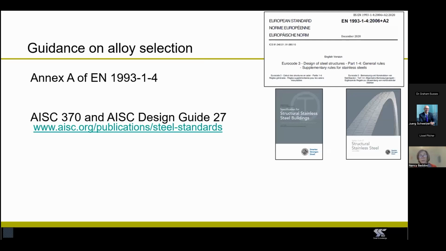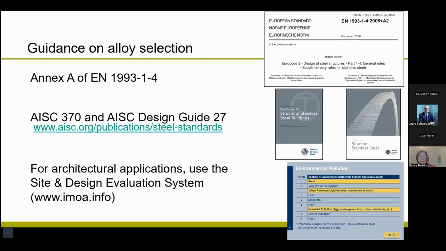Another source of information is in the American Institute of Steel Construction specification and design guide. And if it's a more architectural application, I recommend you look at the site and design evaluation system on the IMOA website.